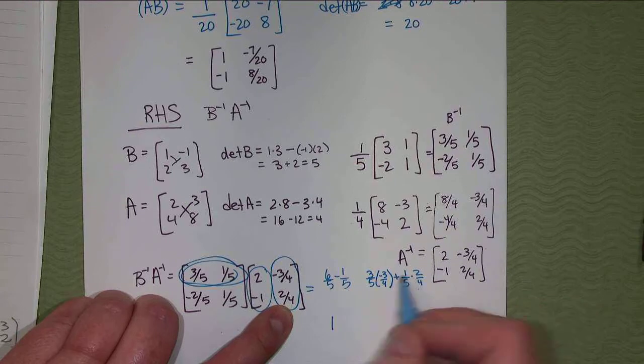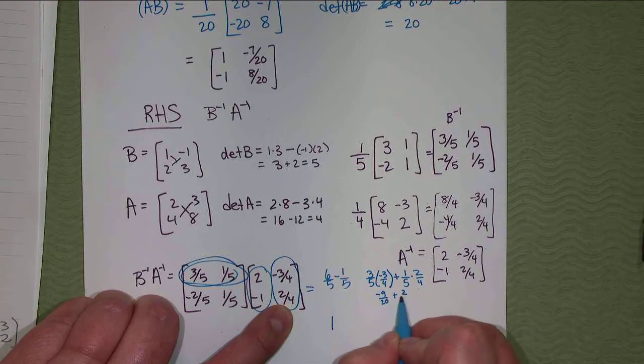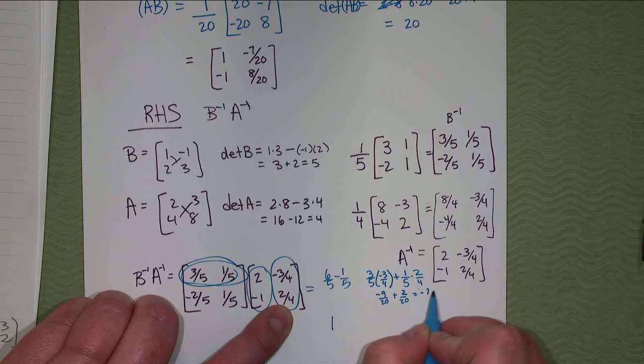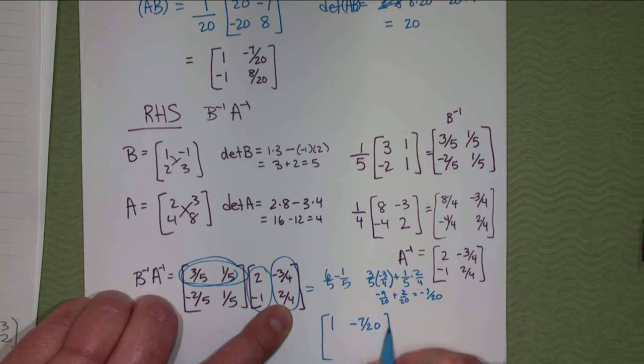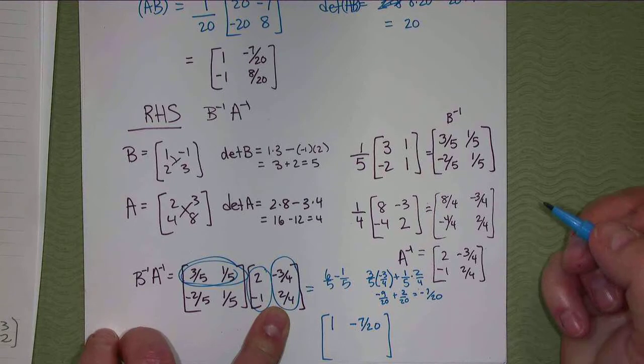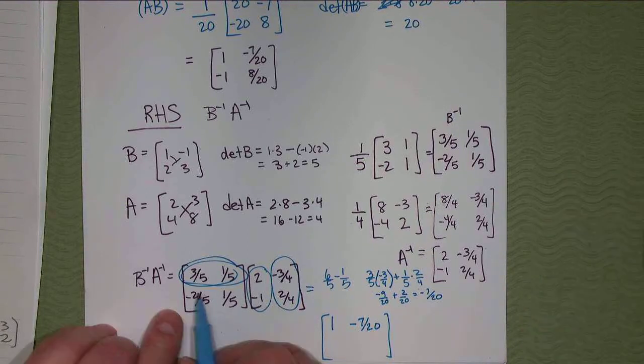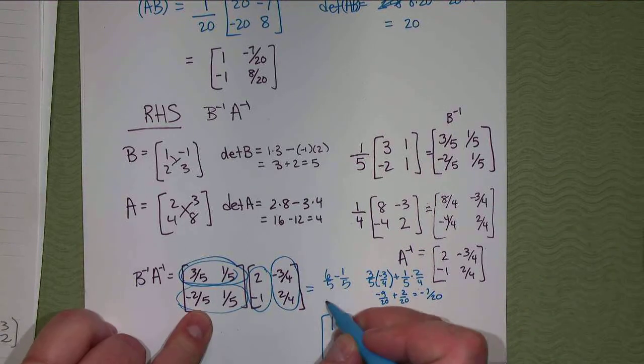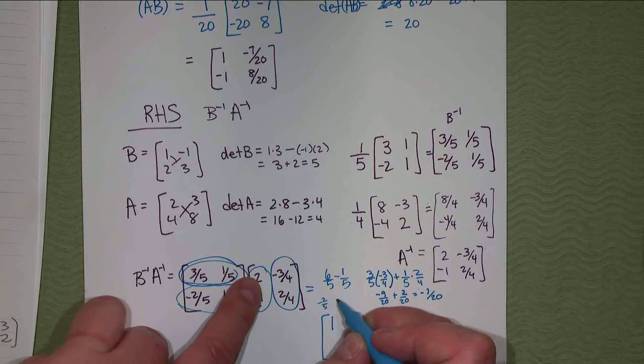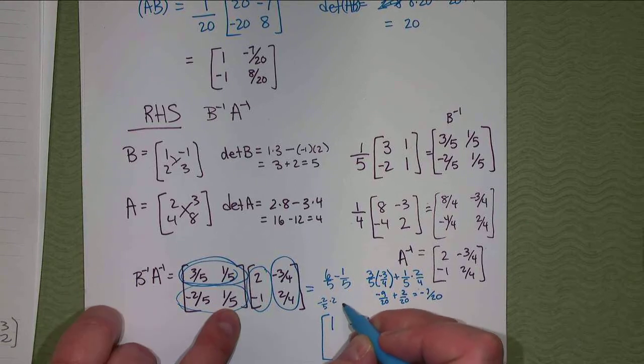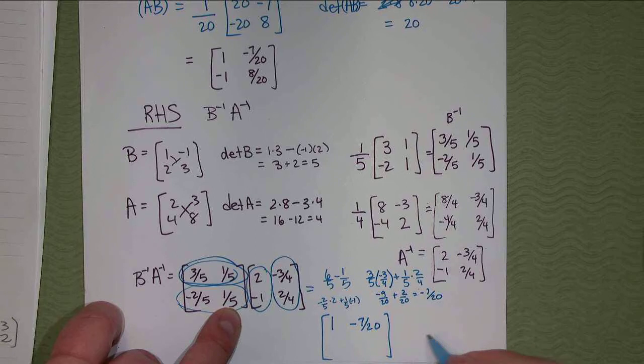So this will be minus 9 over 20 plus 2 over 20 is minus 7 over 20. So far, so good. And then the second row, minus 2 over 5 times 2 plus 1 over 5 times minus 1 gives me minus 4 over 5 minus 1 over 5, minus 5 over 5, which is negative 1.